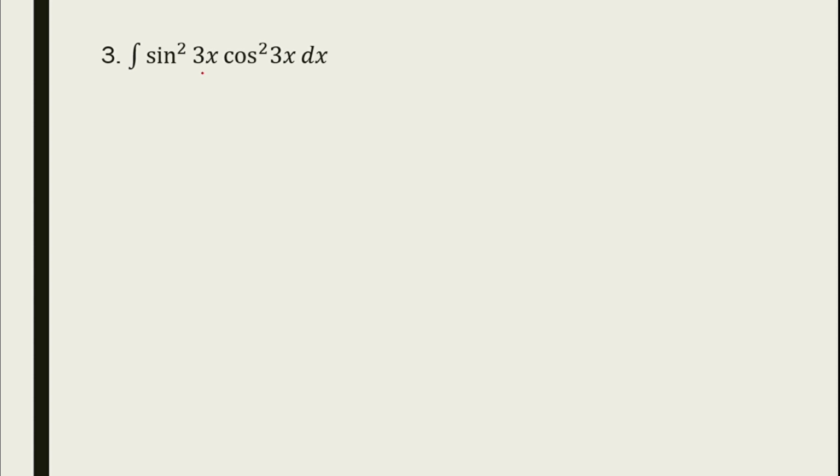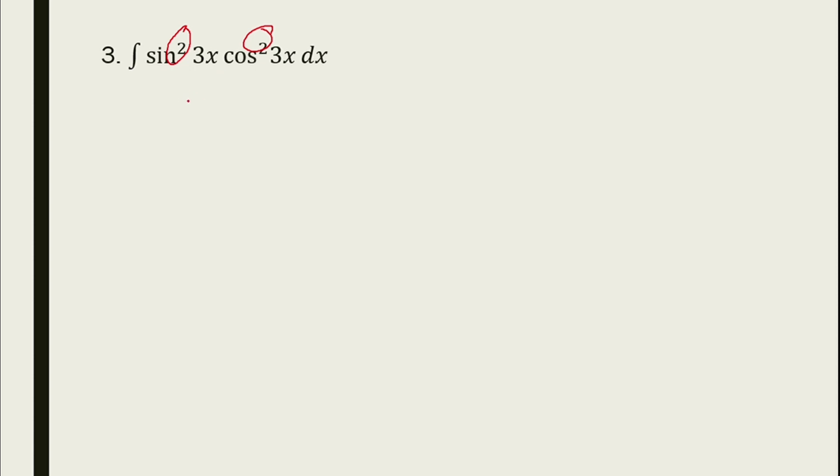If you have noticed, this problem belongs to case number 3, where both powers are positive even integers. So both positive even integers can be integrated. Here 2 and 2 are even, so we could integrate using case number 3.